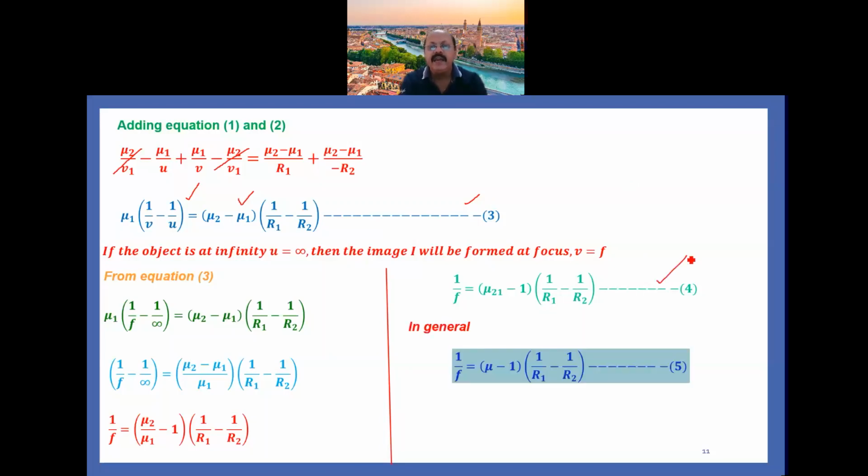In general, we can write 1 upon f equal to mu minus 1, within a bracket 1 upon r1 minus 1 upon r2, and mark it as equation number 5. This is known as the Lensmaker's formula. Basically, this formula is the relation between focal length, refractive index, and radii of curvature of a lens.